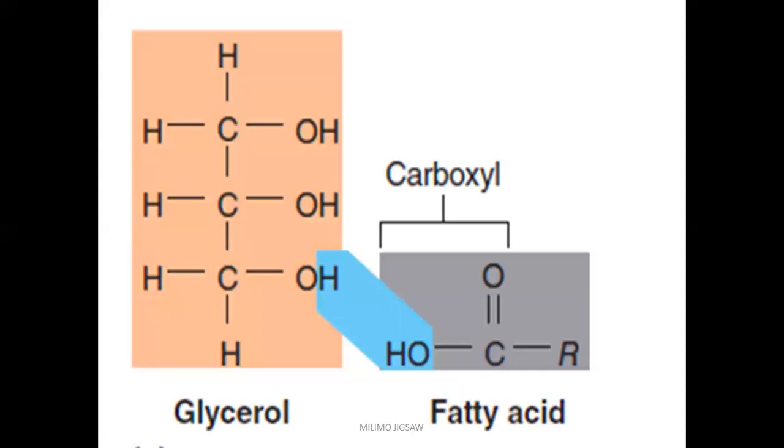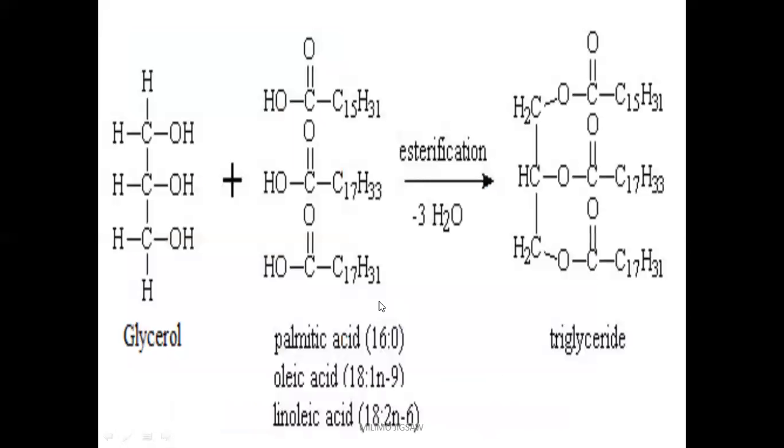So we said what will be reacting is the hydroxyl group of the carboxyl group of the fat acid reacting with the hydrogen atom of the hydroxyl functional group of the glycerol molecule. These are going to react to form an ester linkage.